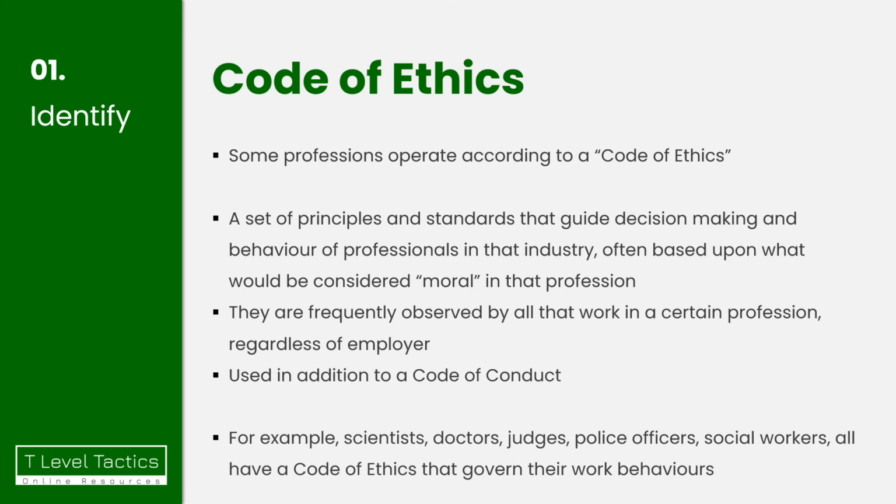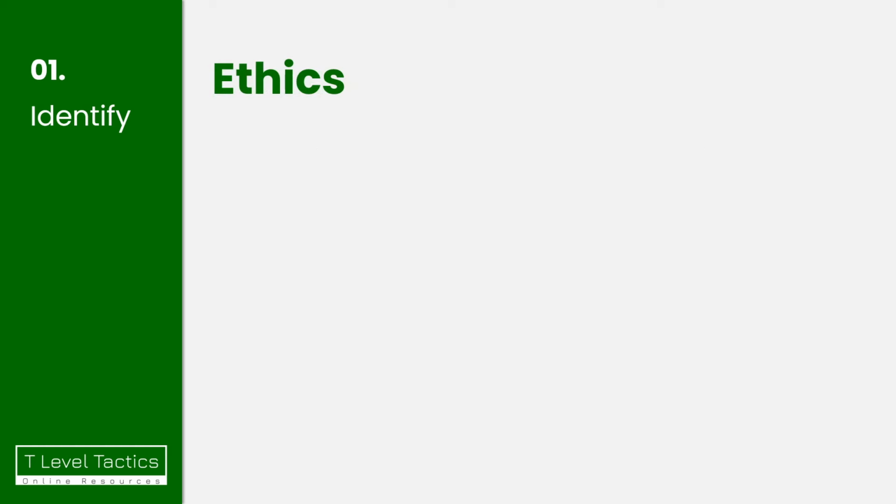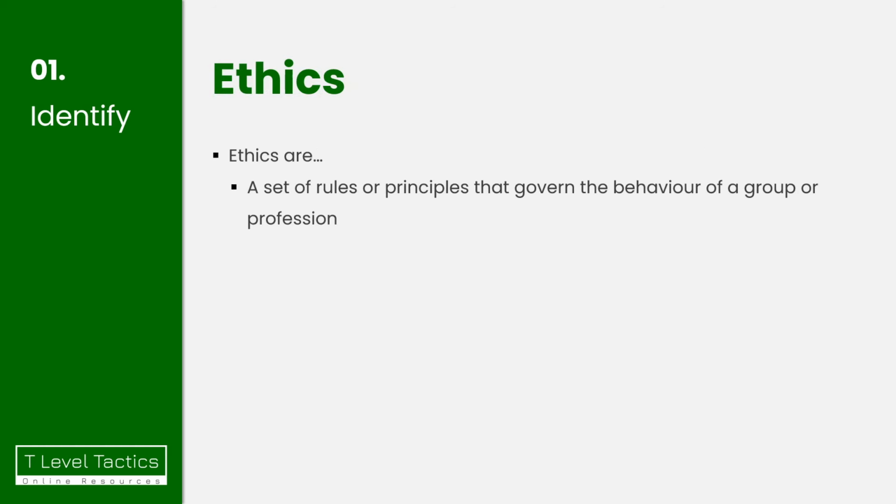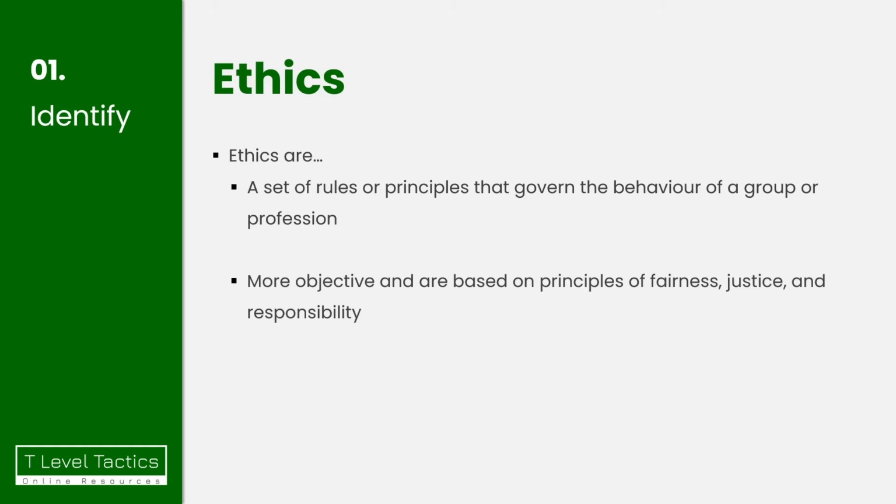For example, scientists, doctors, judges, police officers, social workers all have a code of ethics that govern their work behaviours. So ethics are a set of rules or principles that govern the behaviour of a group or profession, and are more objective, based on principles of fairness, justice, and responsibility.